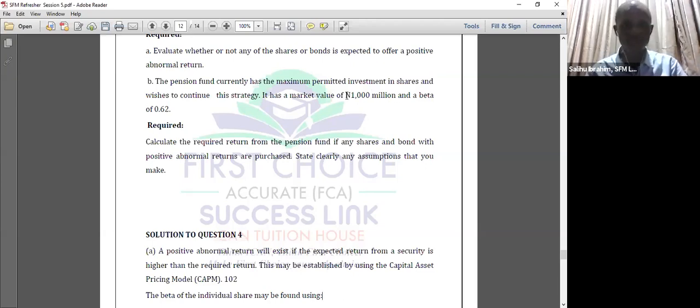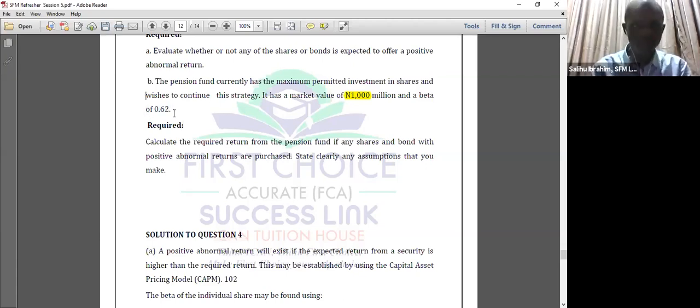It has a market value of 1,000. Look at it, let me explain that to you. And a beta of 0.62. What this question is saying is that the current portfolio of this pension fund has a market value of 1,000, and this is the beta.